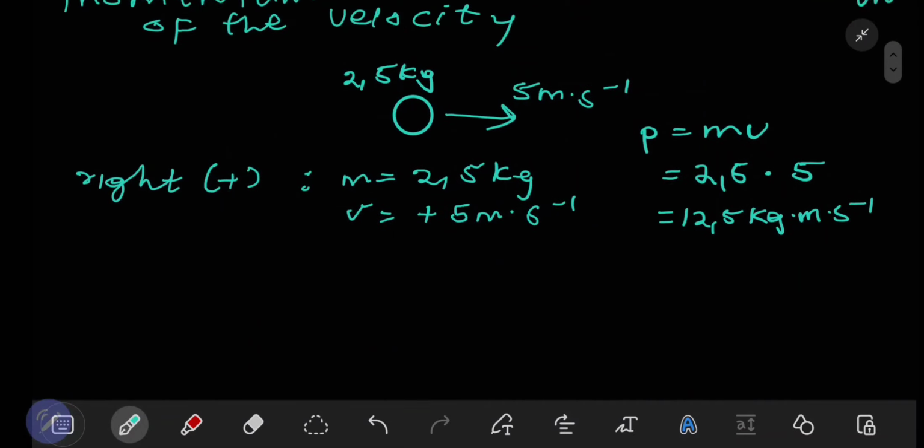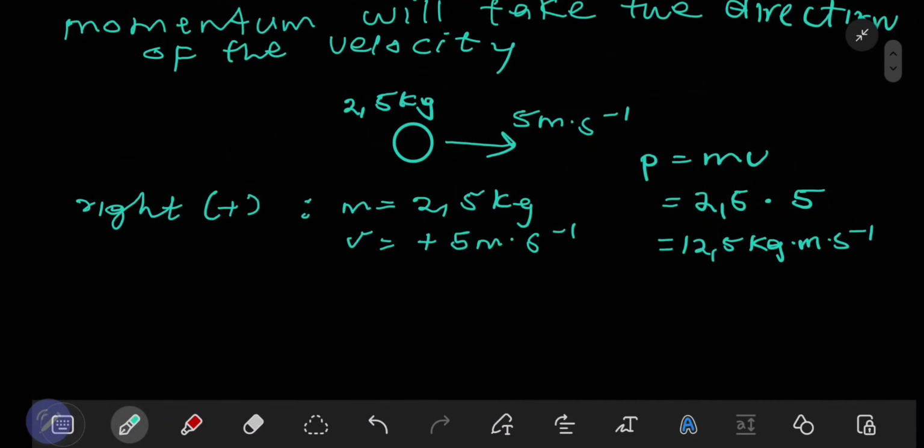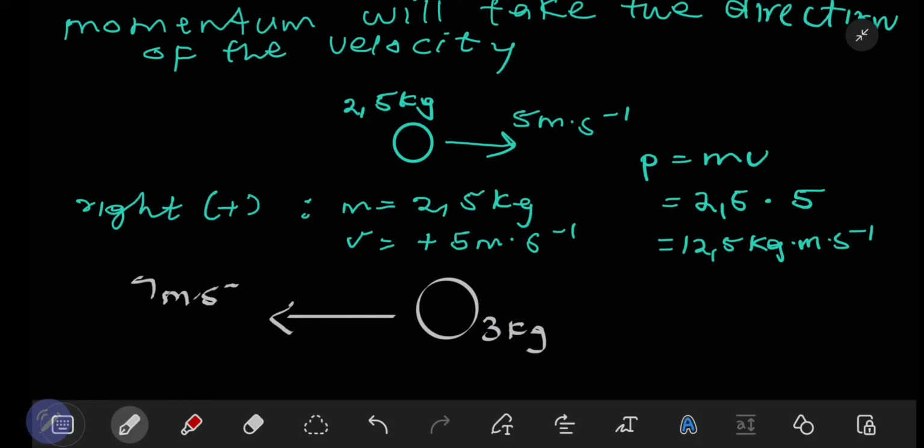Now if we have a ball here and it has a mass of 3 kg, and it's traveling in this direction at 7 meters per second.